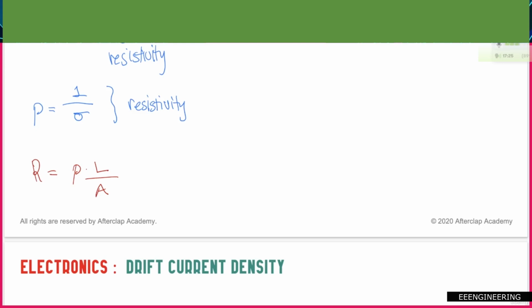And also, let me brighten your day. Let's say we are using the equation J is equal to 1 over P times E. Right in here, I want you to notice something. I is equal to, let me say, V over R. So right in here, we have P, which is resistivity, and here we have resistance. And also here we have current, and here we have current density.